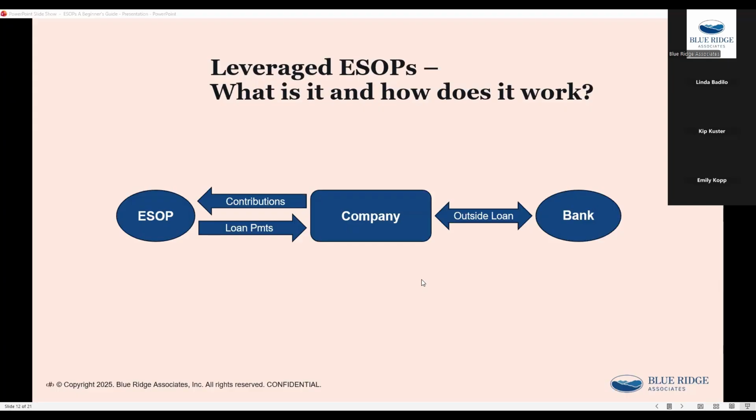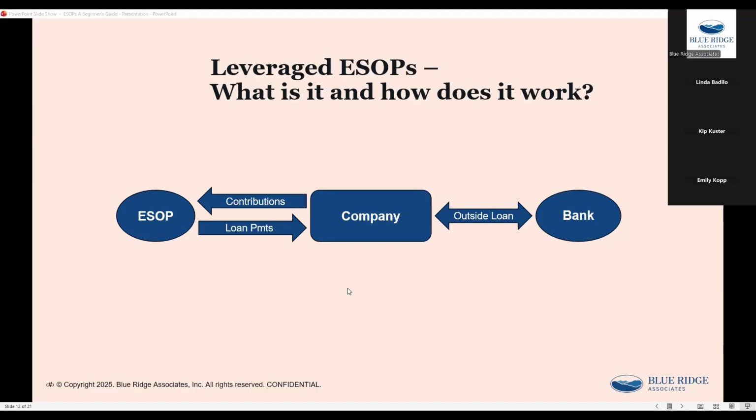It's important to note, and this can be a confusing item for new ESOPs, that the terms of the outside loan between the company and the bank have nothing to do with the terms of the loan between the ESOP and the company. Very typically, the loan between the bank and the company will be fairly short term, because usually selling shareholders don't want to wait 30 years to get paid for their stock.